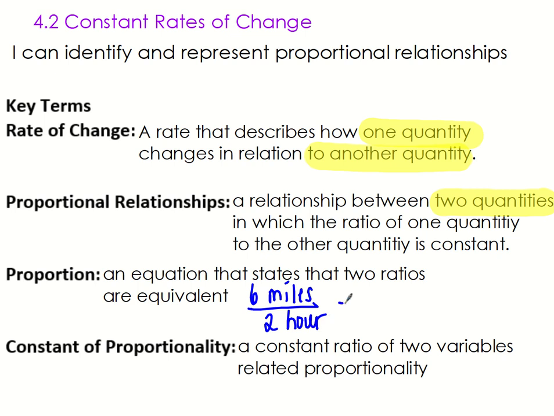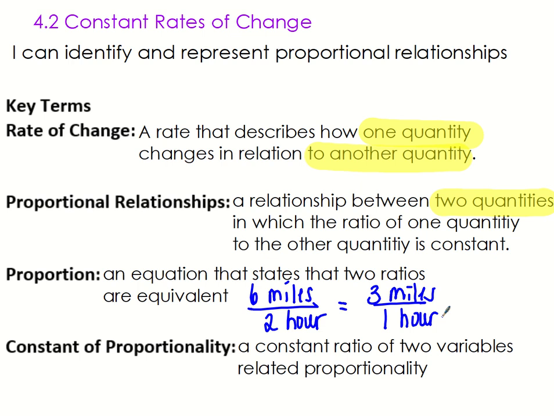Well, if I reduce this down and divide the 6 and the 2 by 2, I get 3 miles per 1 hour. Right? That's our unit rate. So I went from a rate to a unit rate, talking about miles per hour in the final. So the equation that goes back to this is what I'll cover in the constant of proportionality, and where we're going to start looking at more variables.